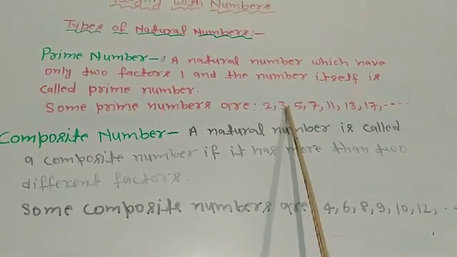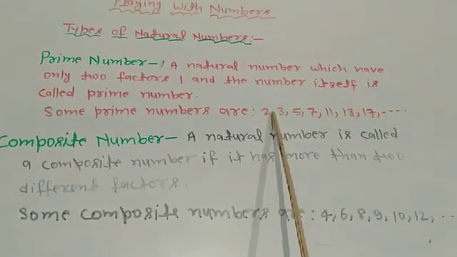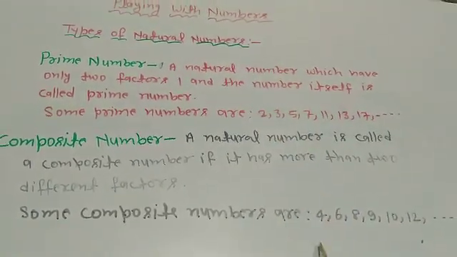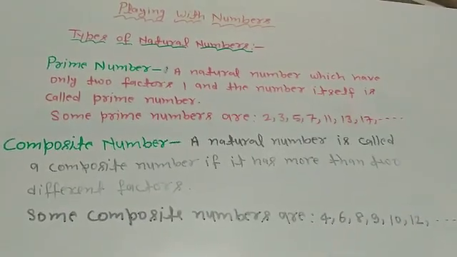Only 2 is an even prime number. Except 2, all prime numbers are odd. So the smallest prime number is 2, the smallest odd prime number is 3, and the greatest even prime number is 2. The smallest composite number is 4. The greatest composite number is not defined.